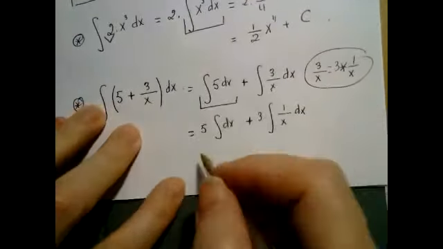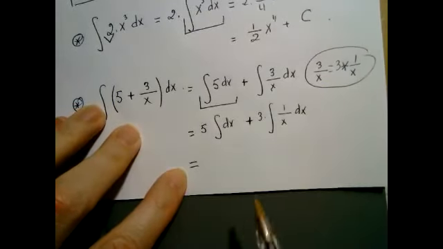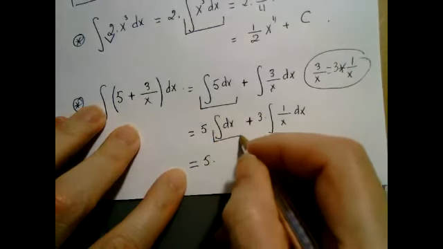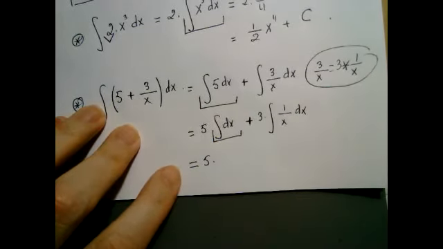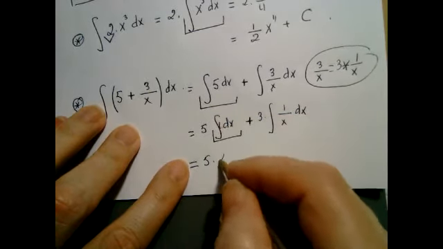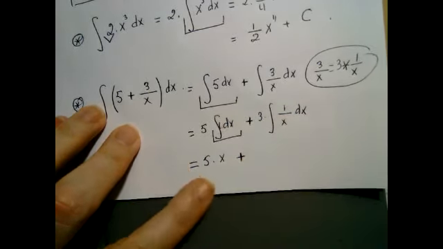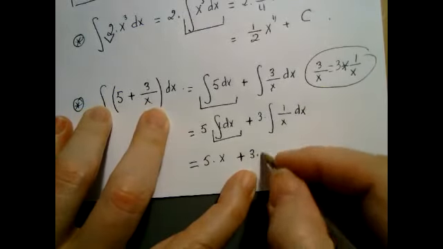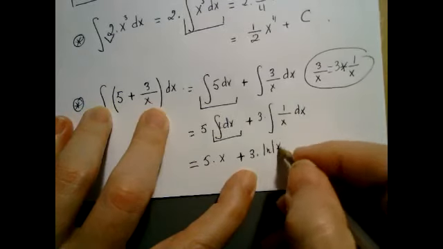Okay. And now this is done. It's 5 times the antiderivative of dx, meaning the function whose derivative is 1. So the antiderivative of 1 dx is 5x, plus 3 times the antiderivative of 1 over x, which is ln of x.